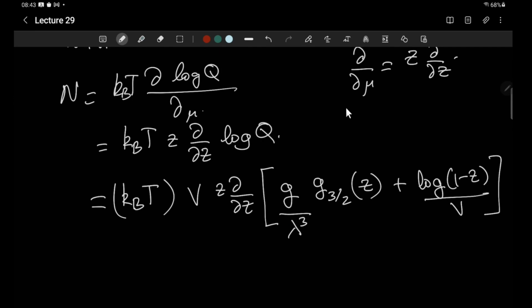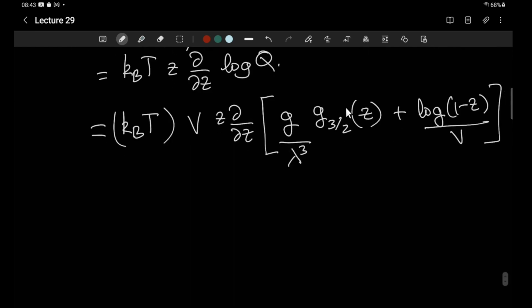Okay, so this is what we have. So let's just do this. So we get n by V. Is a kBT there or not there? It is there, right? Yeah.